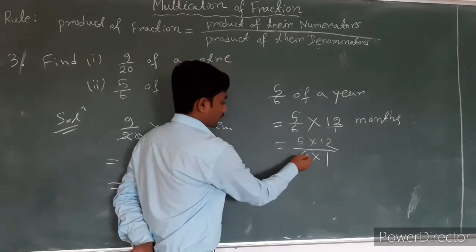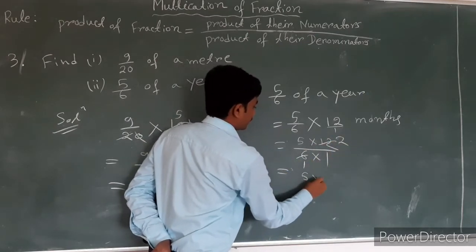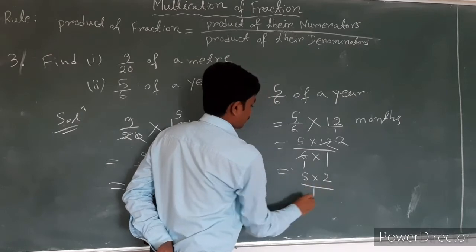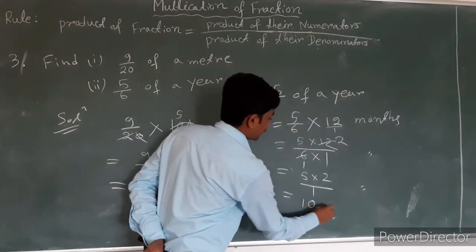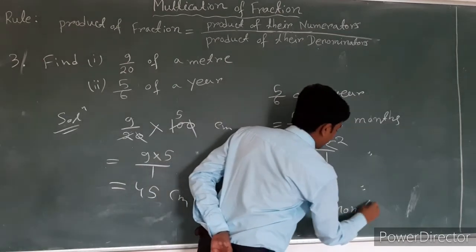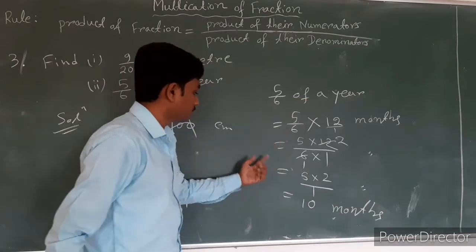So 6 ones are 6, 6 twos are 12. So 5 into 2 upon 1, 10 months. So 5 by 6 of a year is equal to 10 months.